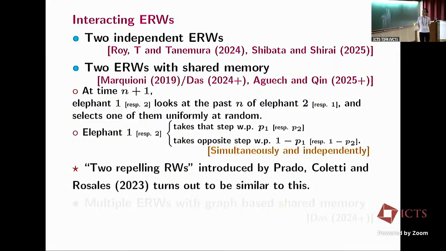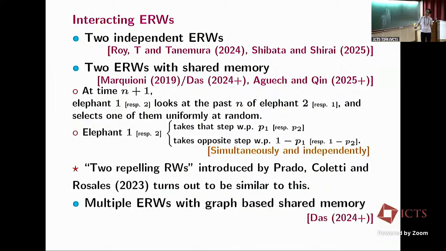And actually, in the paper, we develop a quite general theory for multiple elephant random walks with graph-based shared memory. In this talk, we focus on two elephants.